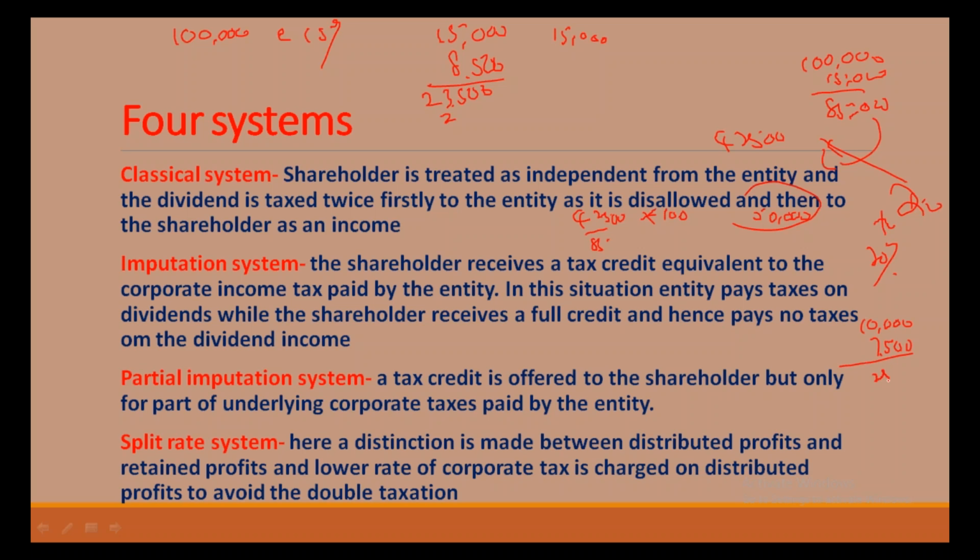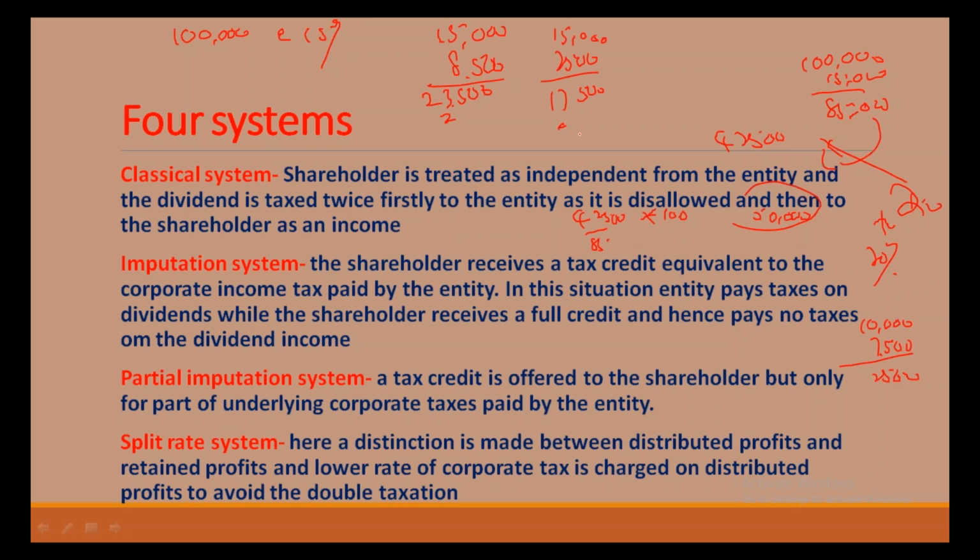The company has already paid 15,000 and I will pay 2,500, so the total is only 17,500. In the classical system we paid 23,500 because nothing was allowed for me.